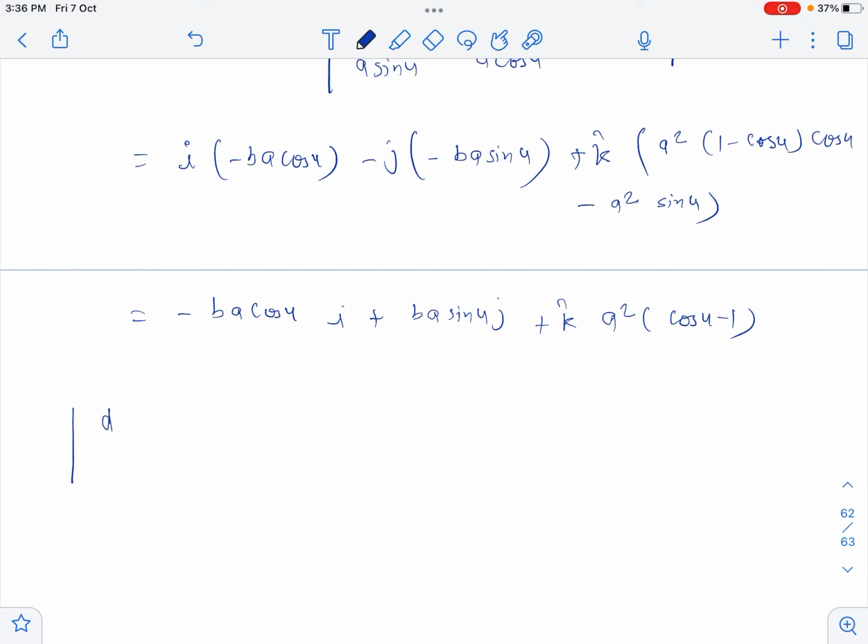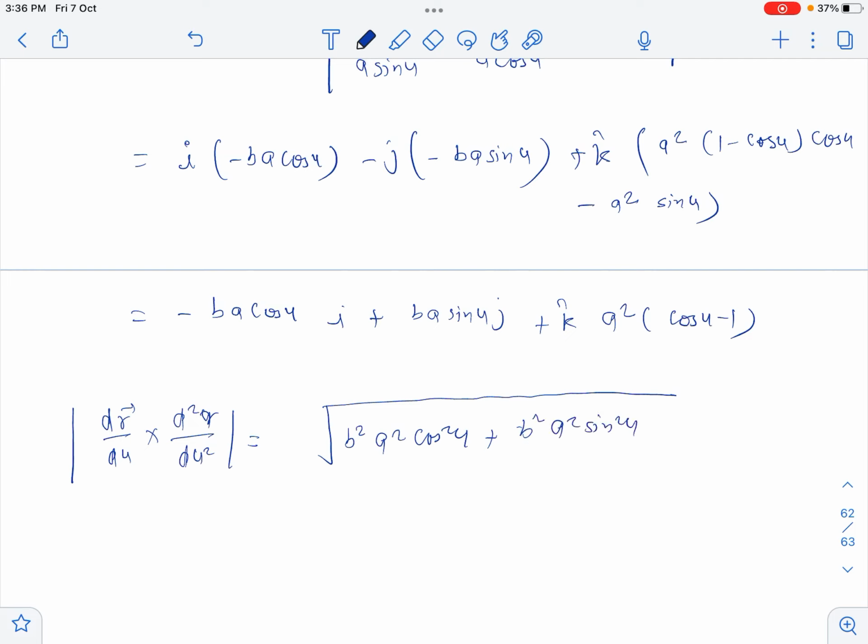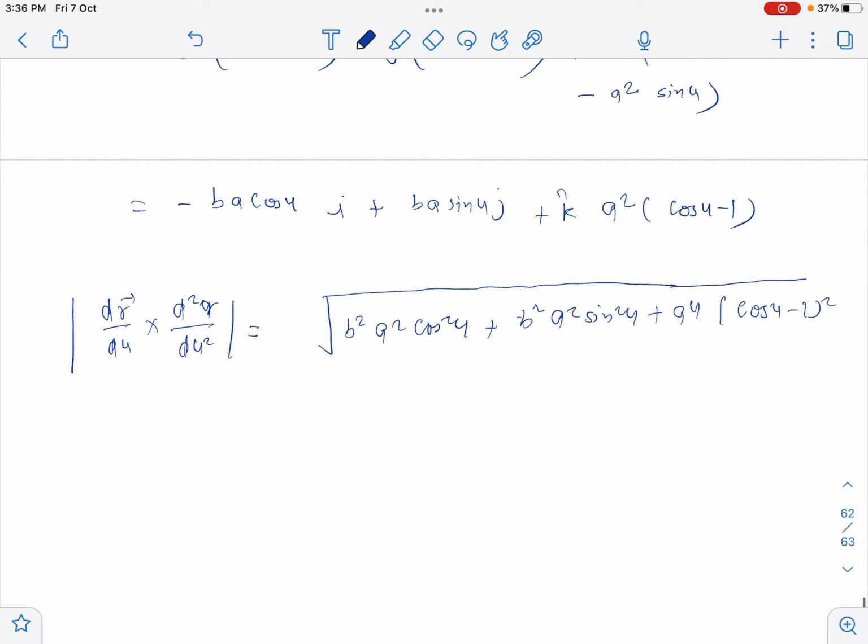So the modulus of this cross product, dr/du cross d square r/du square, is equal to the square root of b square a square cos square u plus b square a square sin square u plus a square (cos u minus 1) whole square, which can be written as, a can be taken outside, a under root b square plus a square (cos u minus 1) whole square.